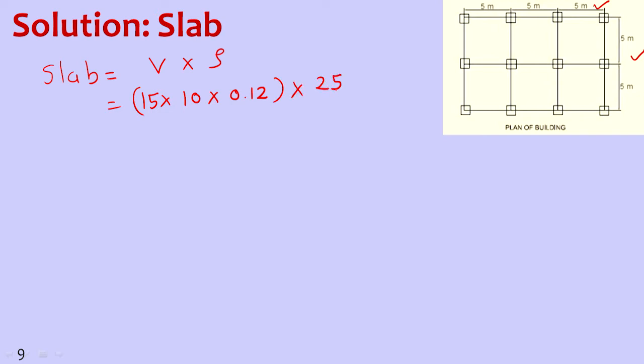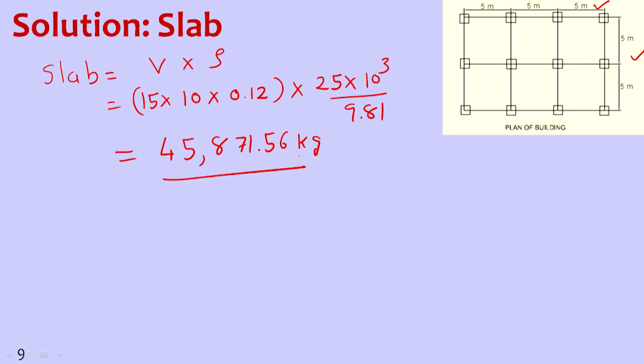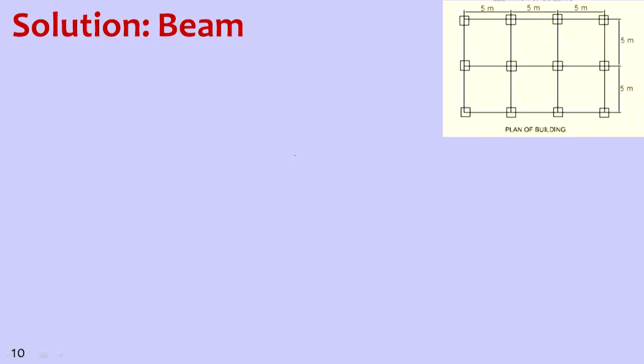Density is nothing but 25 kilonewton per meter cube. This is the density of a concrete. Multiply by 10 raised to 3 divided by 9.81. This will give us the mass of a slab as 45,871.56 kg.